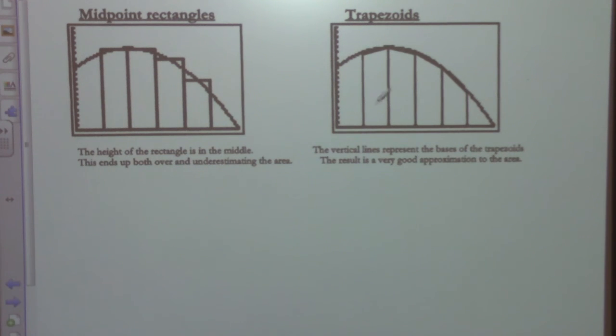It looks like it's barely going to be an underestimate, and the key is that if you have a concave down curve, a trapezoidal sum is going to be an underestimate. If you have concave up, a trapezoidal sum is going to be an overestimate. Very good.